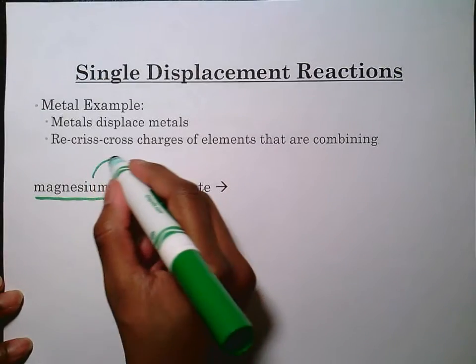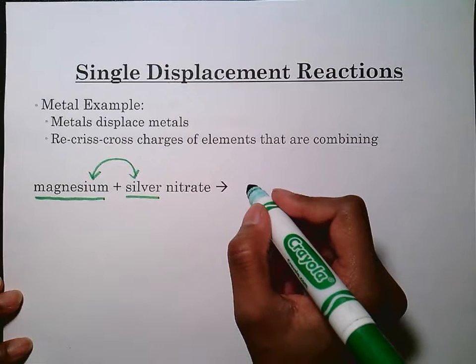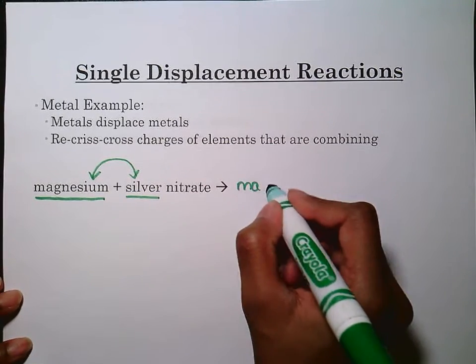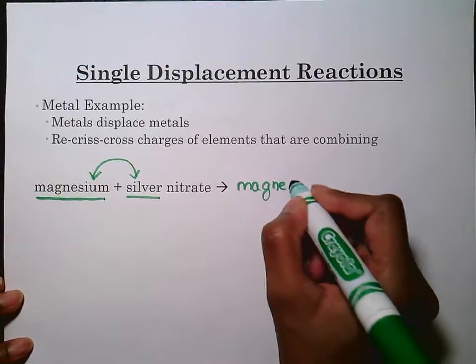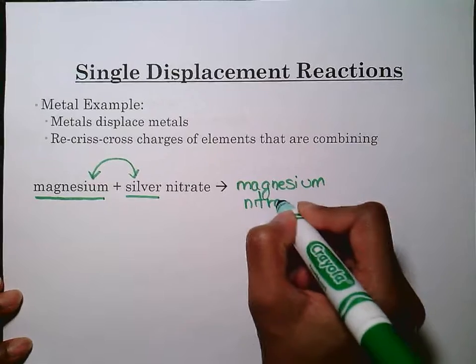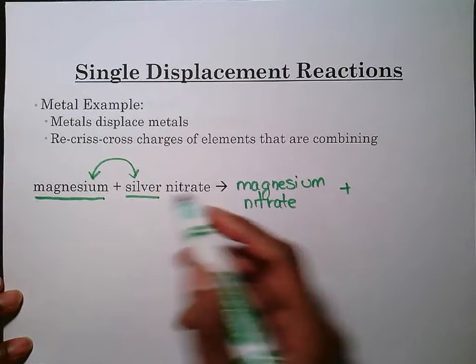So they're going to switch spots. So what we should be left over with is you're going to get magnesium nitrate and you're going to get the silver on its own now.